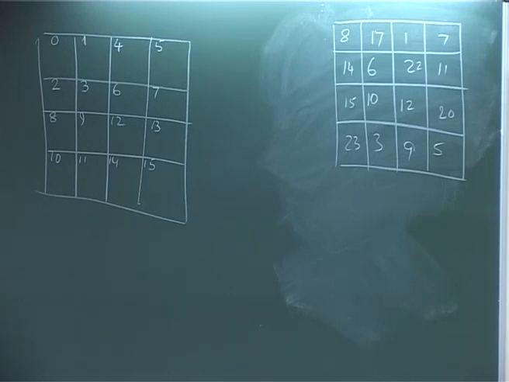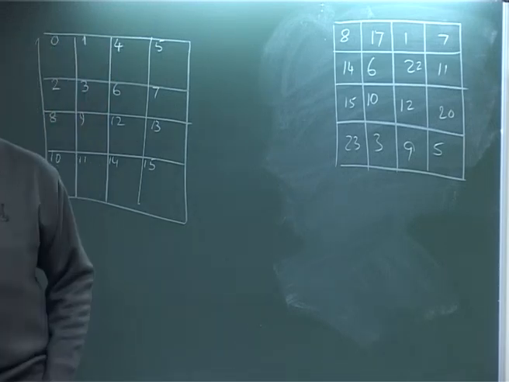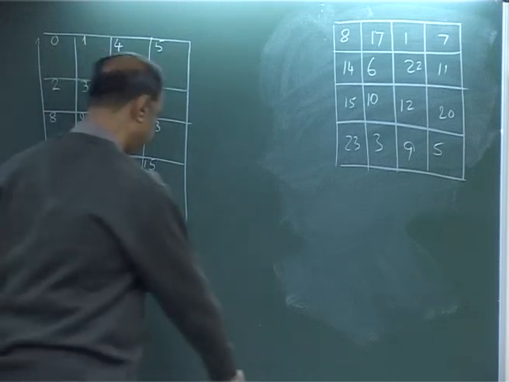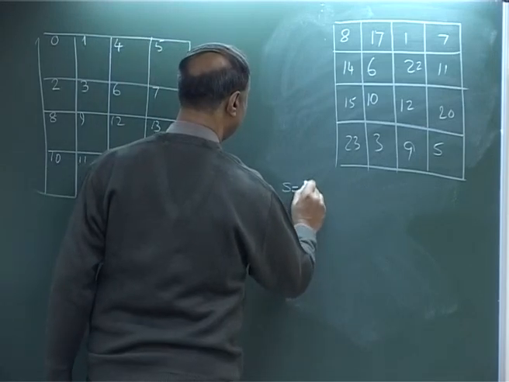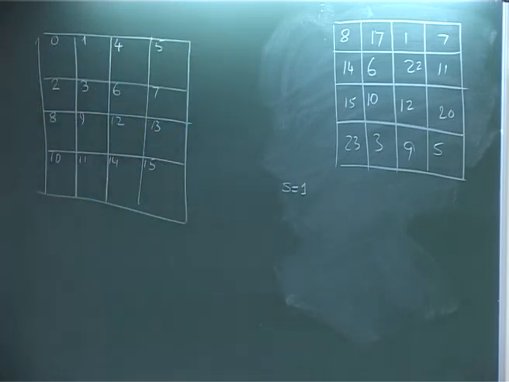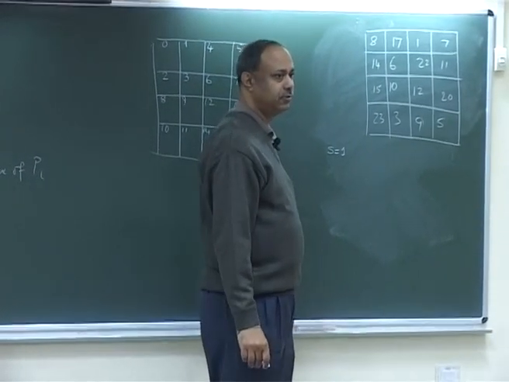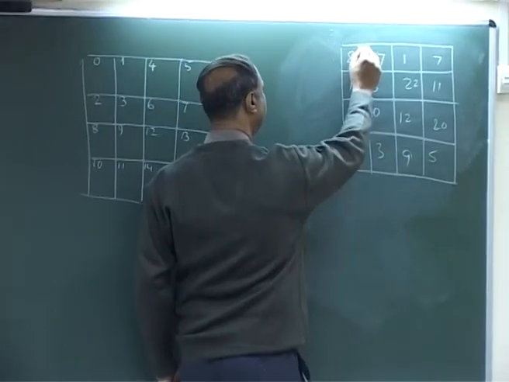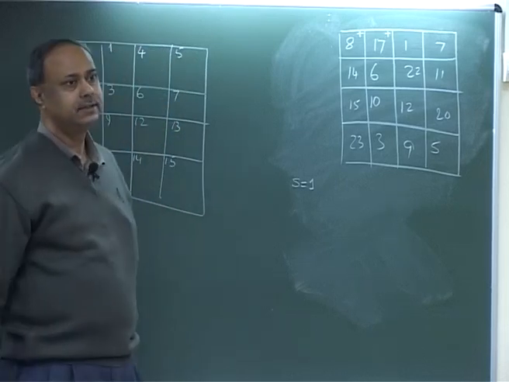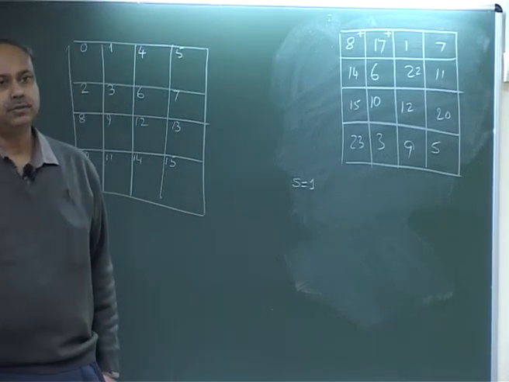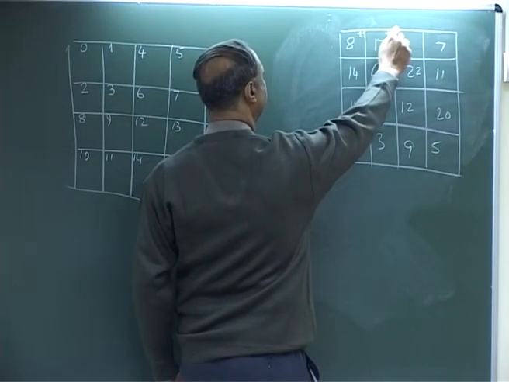So, first S equals 1, K equals 1, if you remember. Let us do it here, S equals 1. First, 0 divided by 2 to the power 1 is 0, which I assume is even. 1 by 2 to the power 1 is also 0, so plus 1, plus 1.